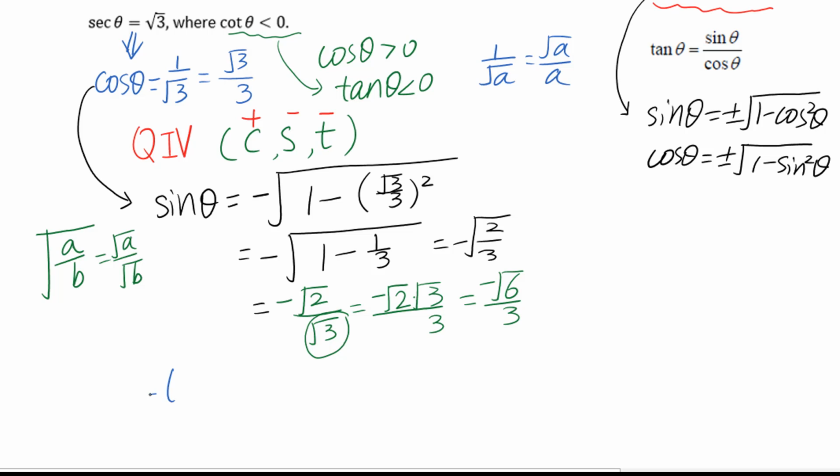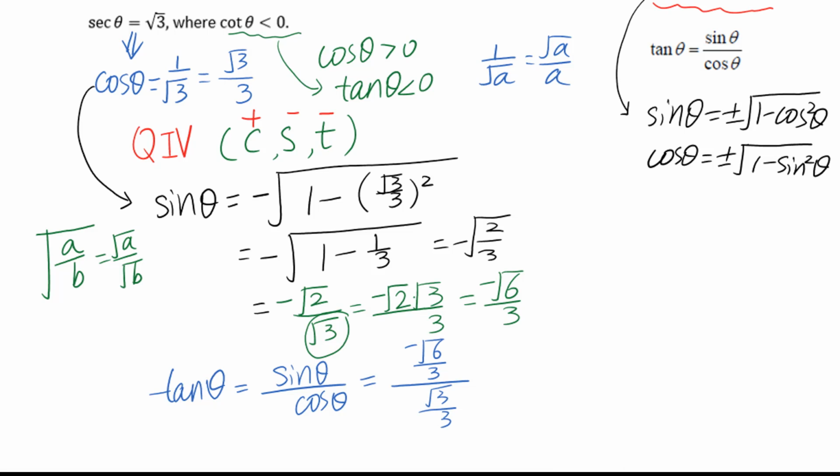Now we can get the tangent theta equals sine theta over cosine theta. So you will get negative square root of 6 over 3, then cosine theta will be square root of 3 over 3.